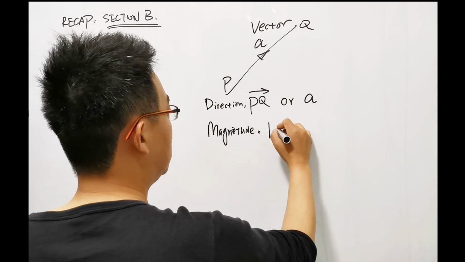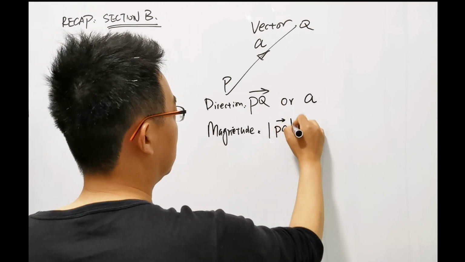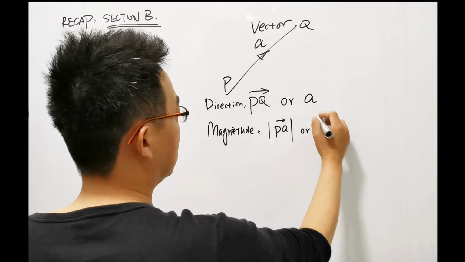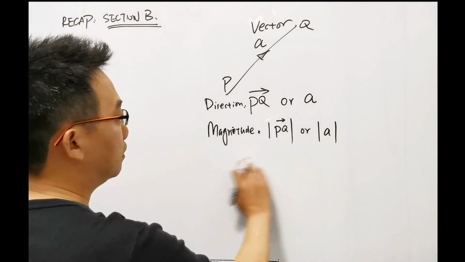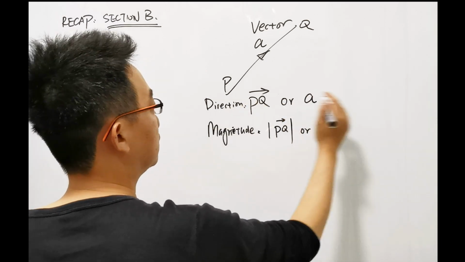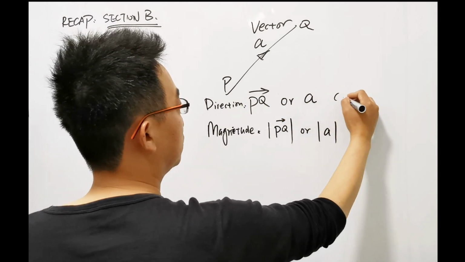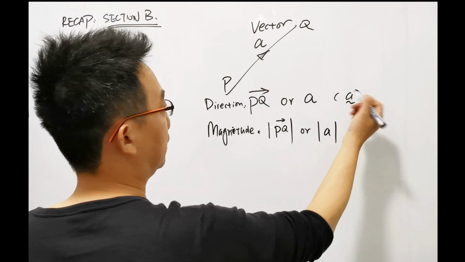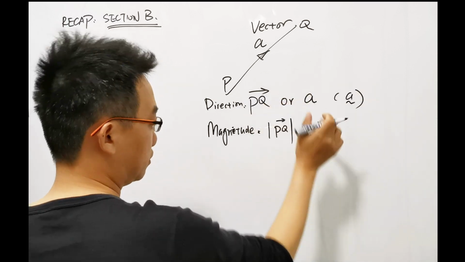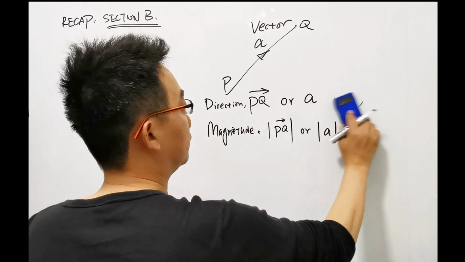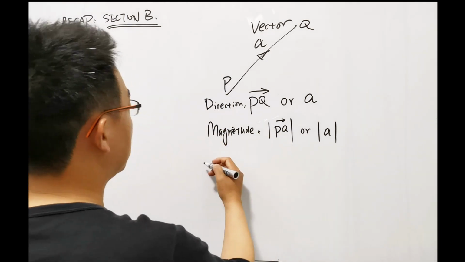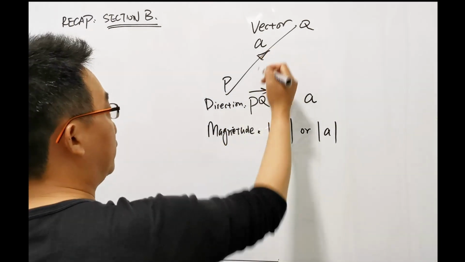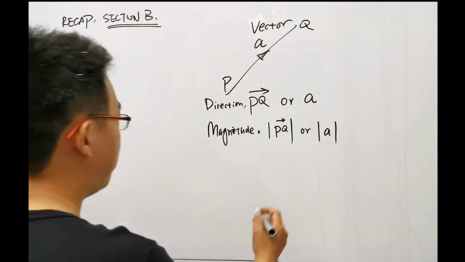We use this |PQ|, or sometimes we just write |A|. Sometimes we also may use this, but most of the time we just use these two. Then we also talked about the Cartesian plane.